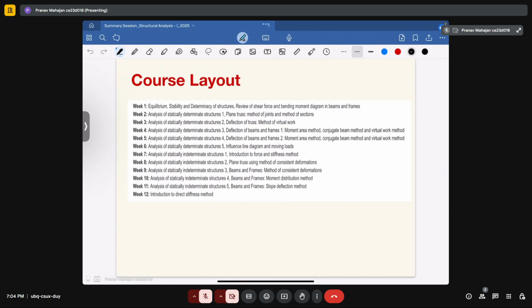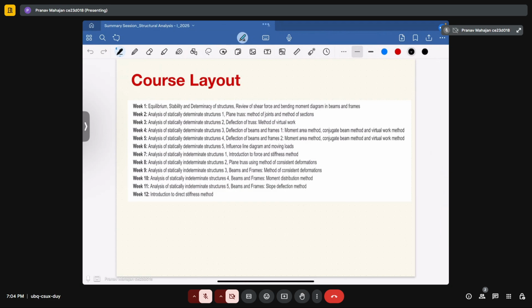Between a beam and a frame, mechanically there is no difference, but physically, for the current situation, a frame is a two-dimensional element, whereas a beam is a one-dimensional element.